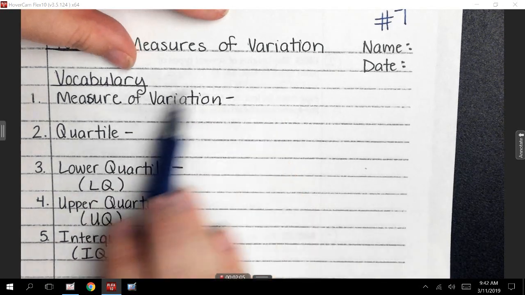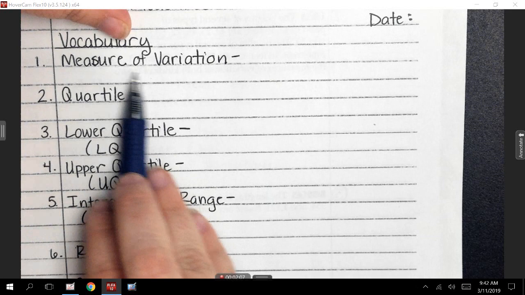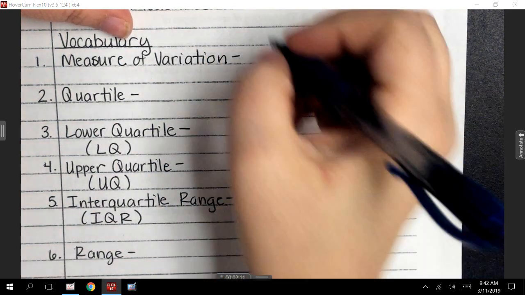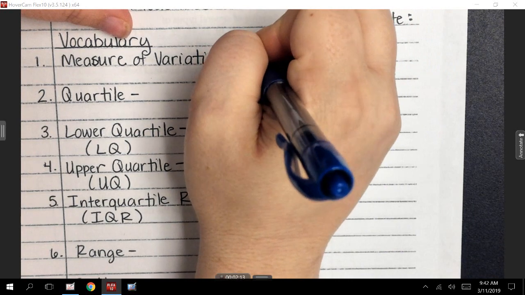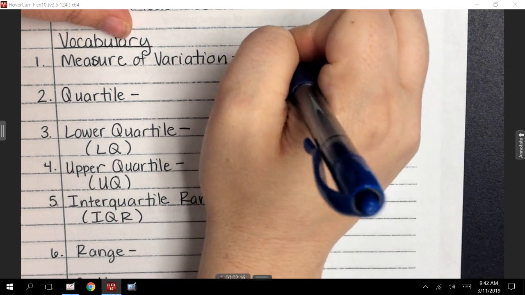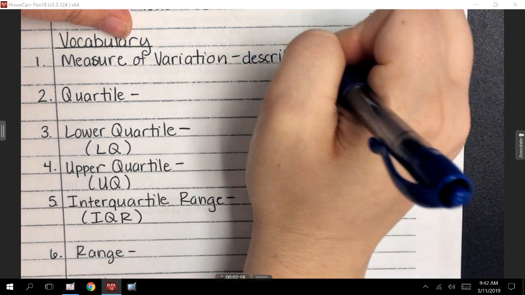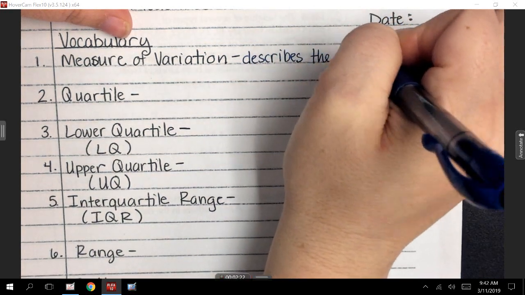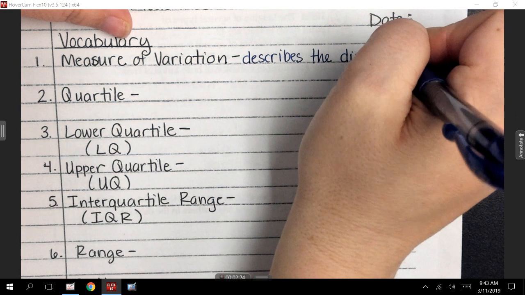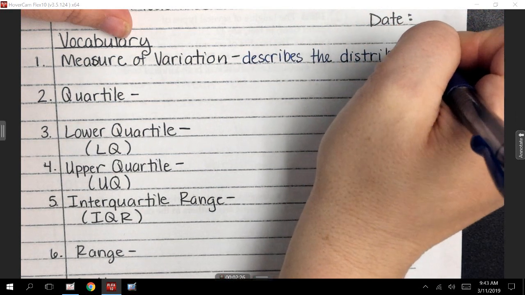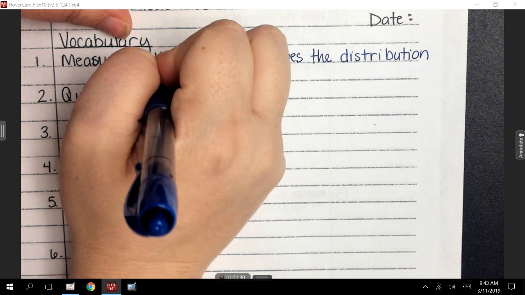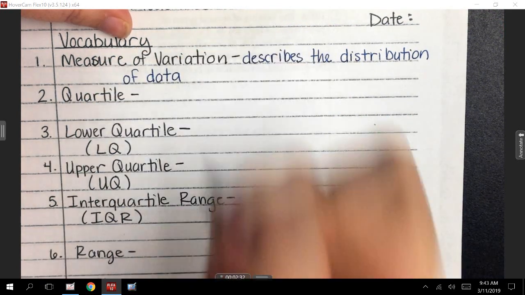Today we're going to talk about measures of variation. So we need to talk about what a measure of variation is. A measure of variation, instead of doing the center, describes the distribution of data. What does the word distribution mean?